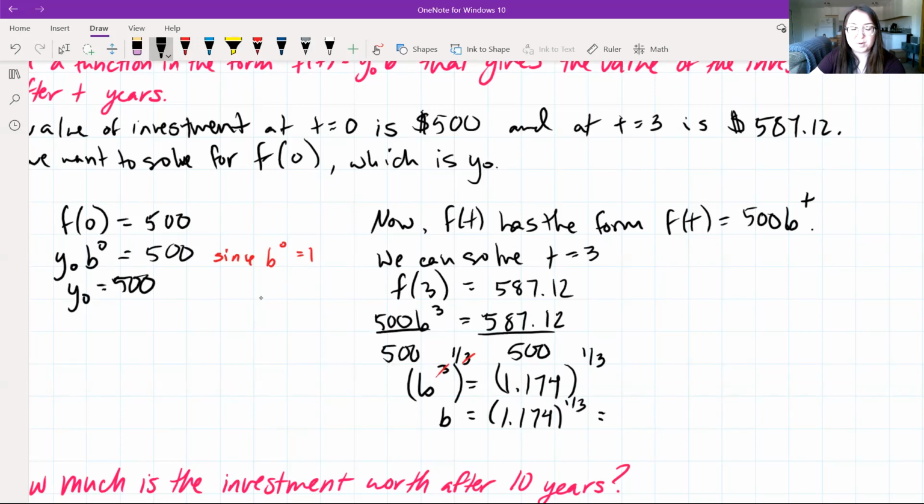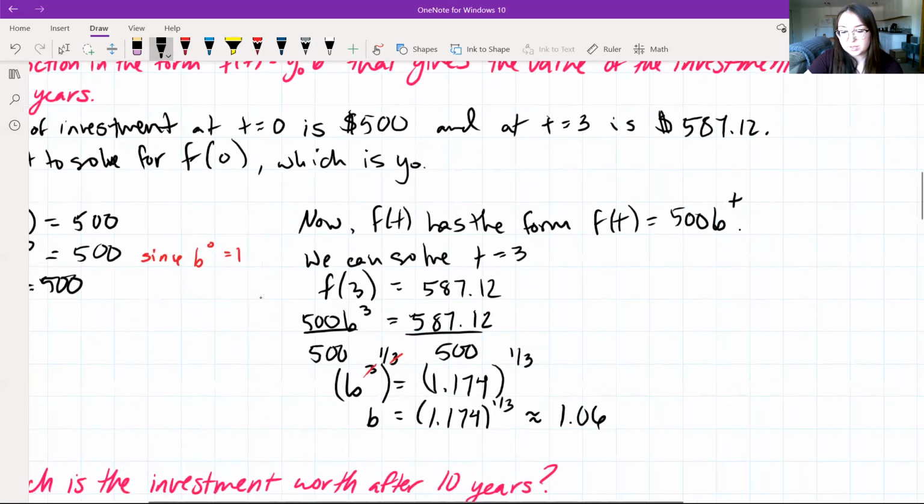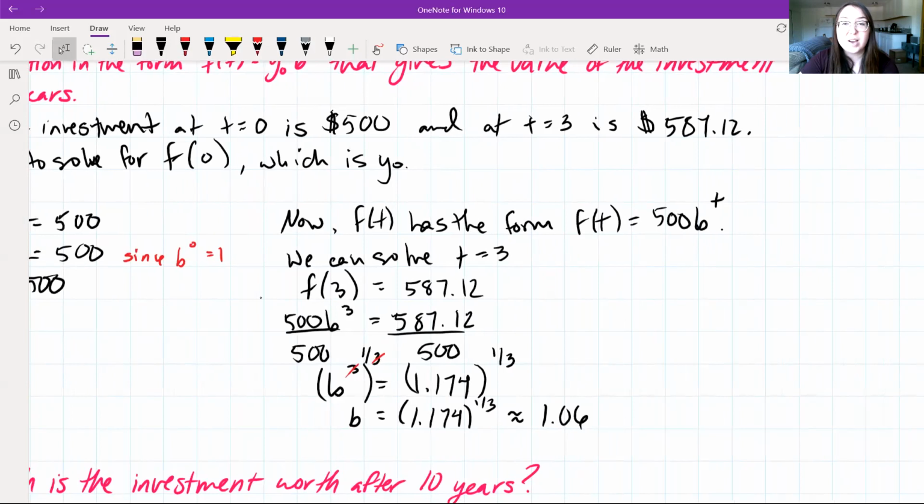So feel free to take a moment, calculate this on your own. And we see this is going to be about 1.06.